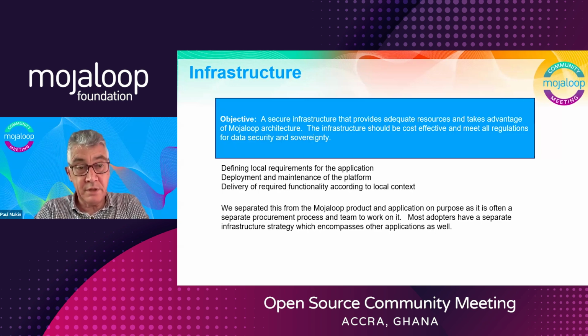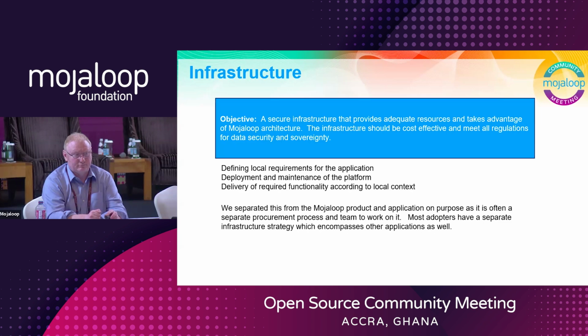So the ability to start relatively small on a handful of servers is a good selling point, and the ability then to flex to two, maybe even three data centers as a nation-scale service takes off is a powerful feature of the Mojaloop ecosystem. Next slide, please.